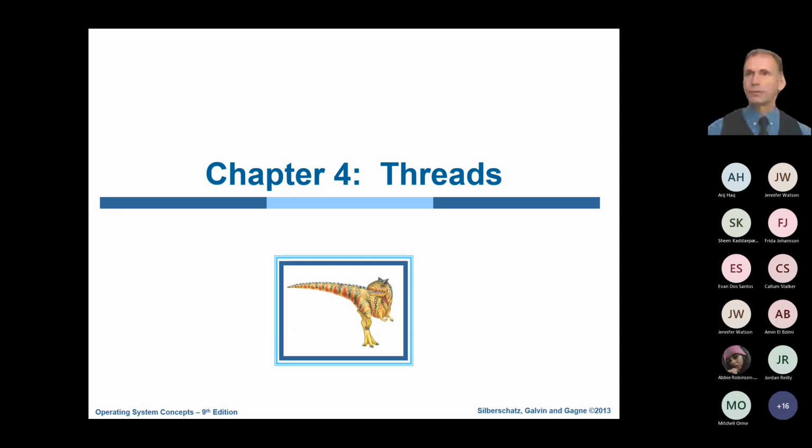When we create a new process, you'll remember last week we talked about a process control block. A new process has a new ID, a new section of memory, a new set of registers, a stack, a heap, all that kind of stuff. A thread is a more lightweight thing.